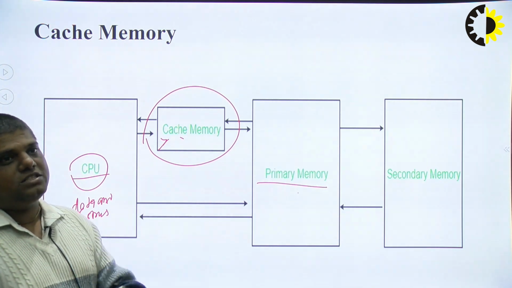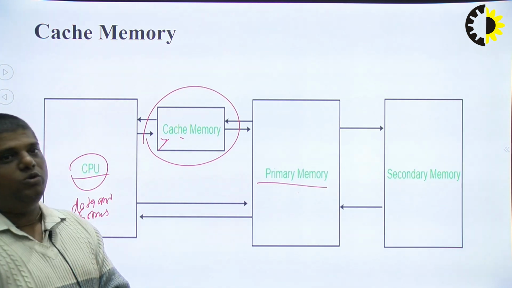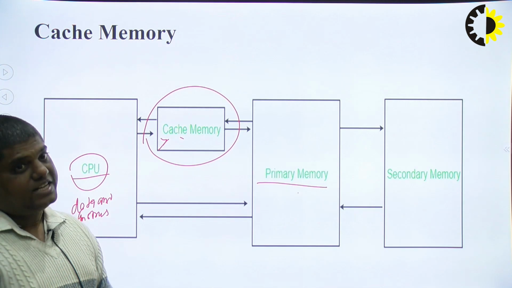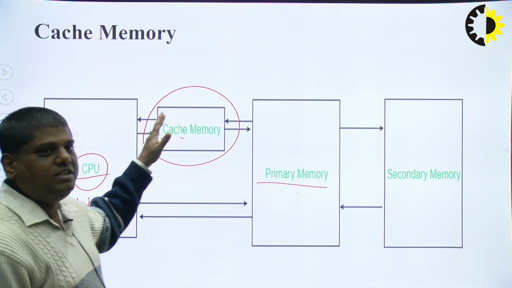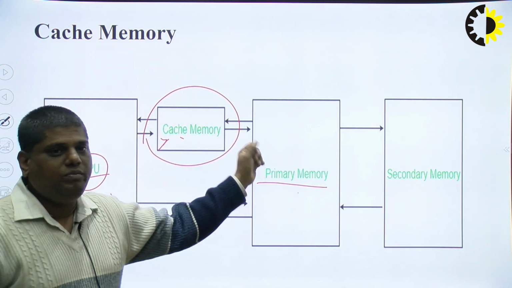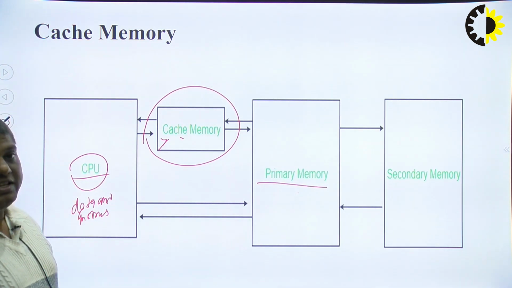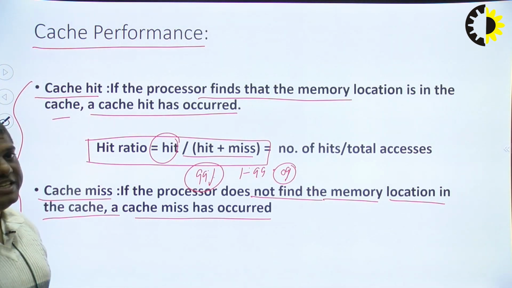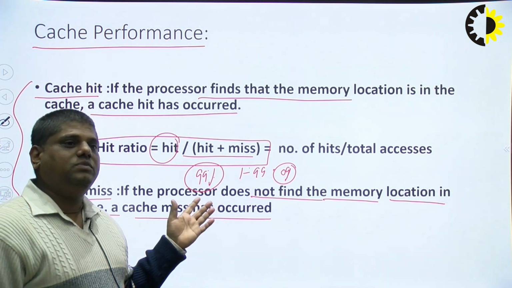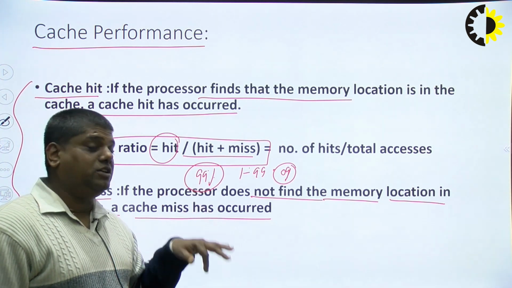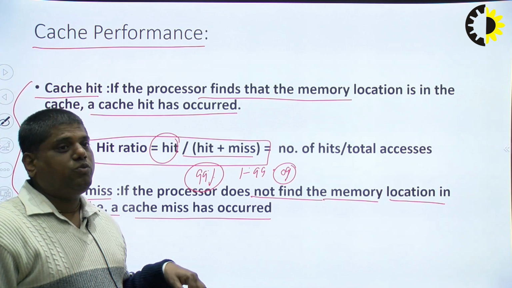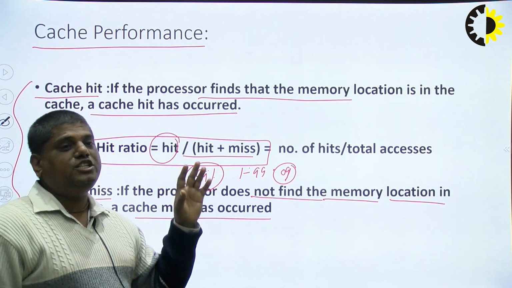Next, I explain the configuration of the cache. Cache is simply designed between the CPU and main memory. Then I explain the performance of the cache. There are two parameters by which we can find the cache performance: cache hit ratio and cache miss ratio.